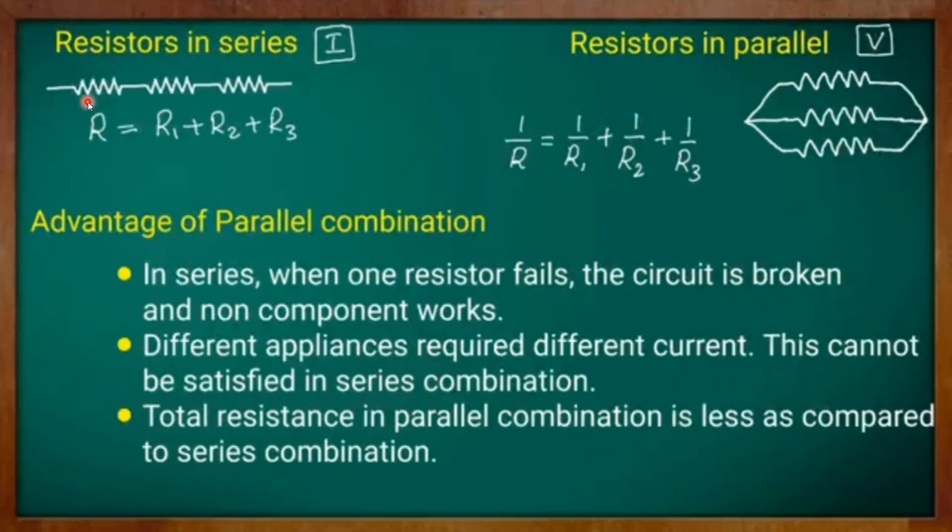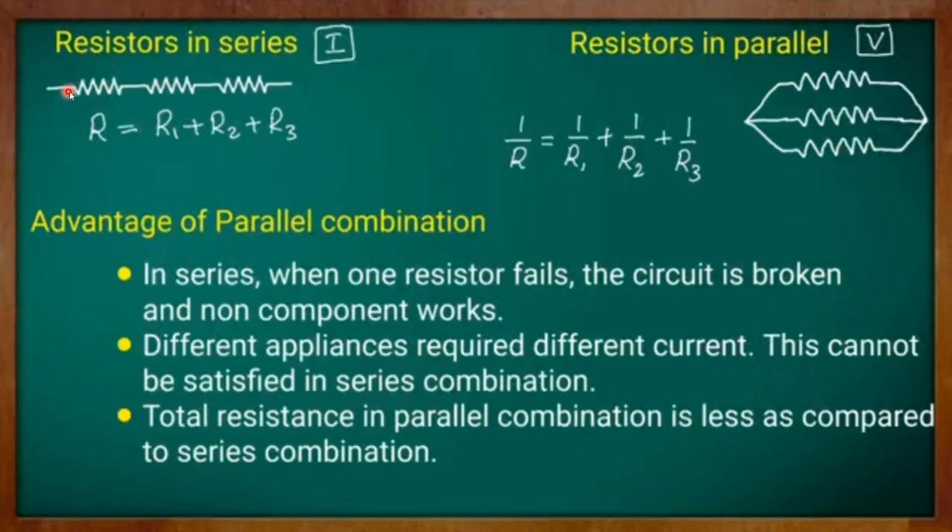If I take the example of R1, R2, R3, if I take R1 as a fan, R2 as an AC cooler and R3 as an electrical bulb, R3 requires less electric current to glow, isn't it? That is, a bulb requires only a small amount of current, whereas a fan requires a little more current, whereas an AC cooler requires much more current than these two.